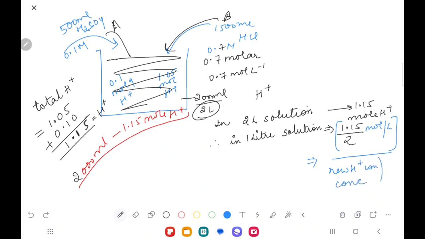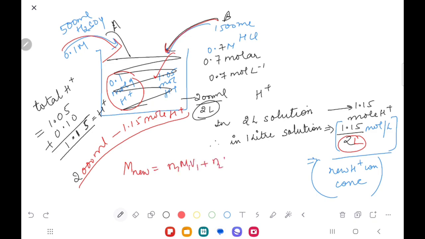Now understand, whatever I have done up till now, I am trying to find out how many H plus is coming from one beaker, how much H plus is coming from another beaker, and then dividing it with the total volume. That's what this new formula gives you. So molarity new would give me straight away N1 M1 V1 plus N2 M2 V2 over V1 plus V2.